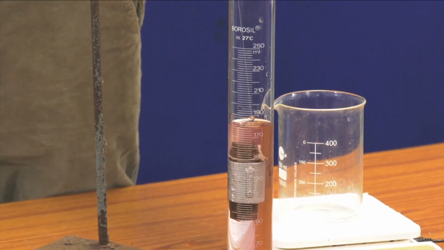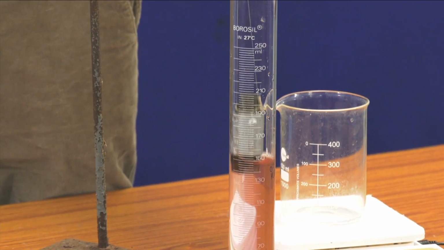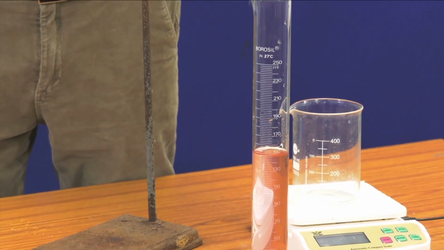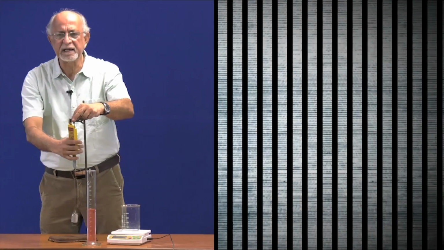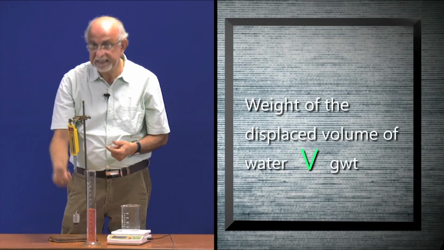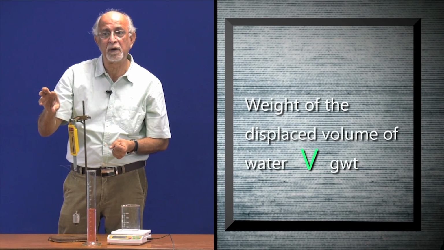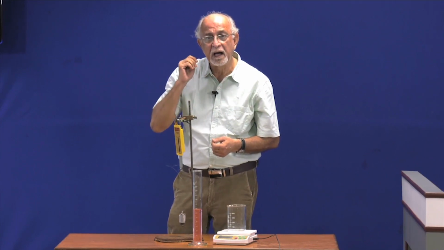Now I can take it out. We now know that there is displaced water of 25 ml. So this body displaced 25 ml of water, and as per Archimedes principle, the reduction in weight or the apparent loss in weight should be equal to the weight of this 25 ml of water.